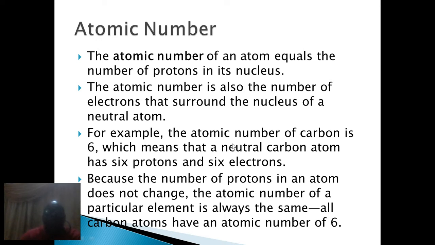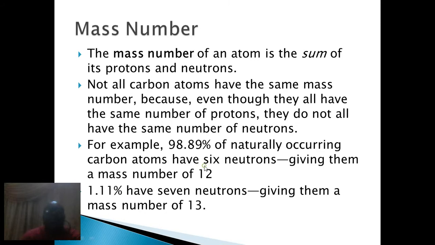For instance, the atomic number of carbon is 6, which means that a neutral carbon atom has 6 protons and 6 electrons. Because the number of protons in an atom does not change, the atomic number of a particular element is always the same. All carbon atoms have an atomic number of 6.